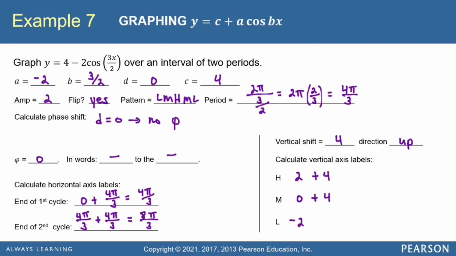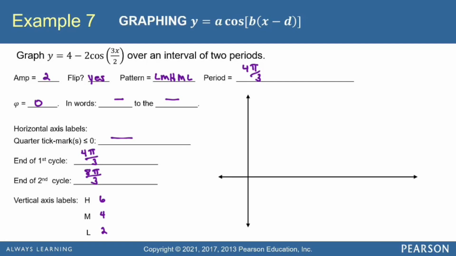But if we add 4 to each one of those, we can see that the new high is going to be 2 plus 4, which is 6. The new middle will be 0 plus 4, which is 4. And the new low will be negative 2 plus 4, which is 2. Now let me copy all of this onto the next slide, and we're ready to graph.